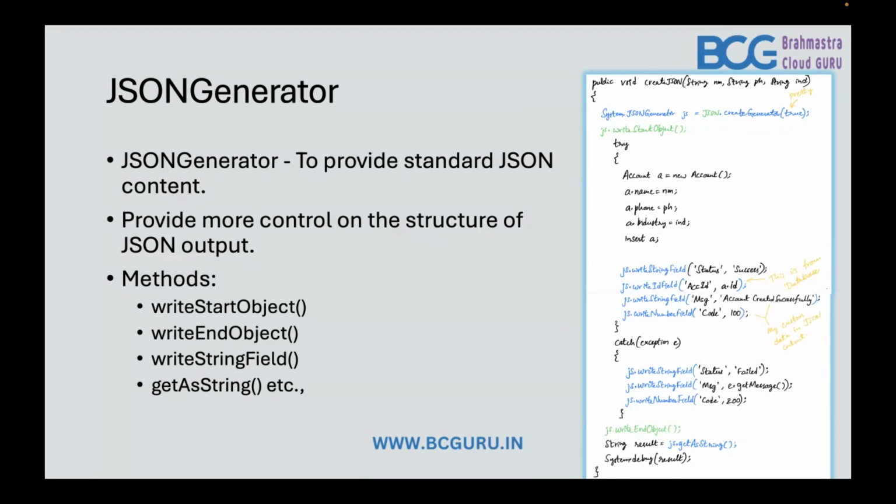Pretty is the parameter, a Boolean value, true or false. Pretty false means a straight line JSON is generated. Pretty true means it's line by line. Then we start writing the JSON content.